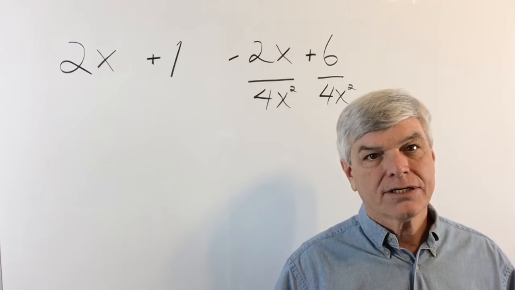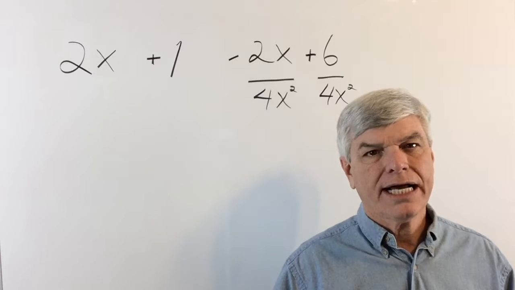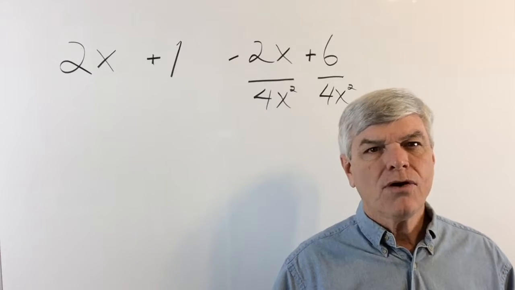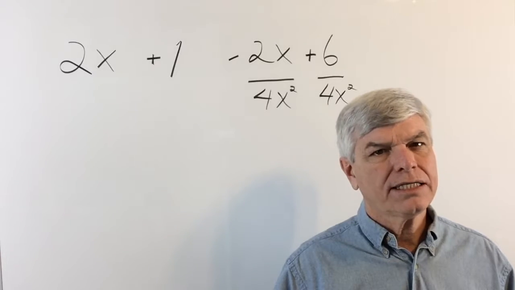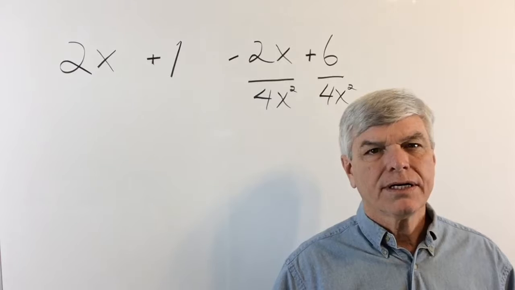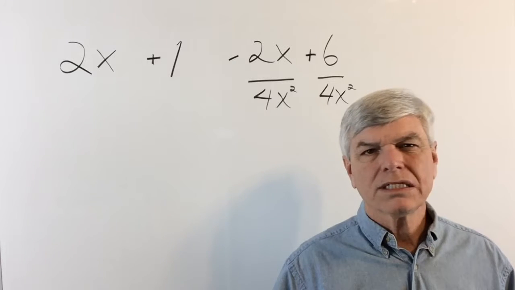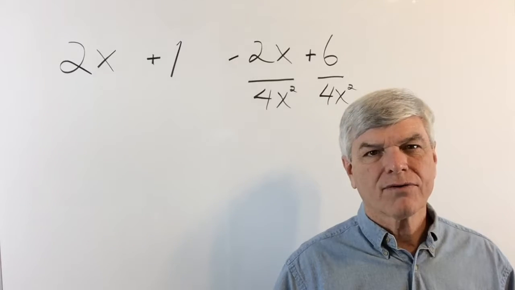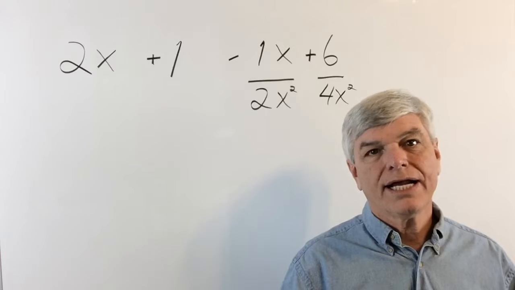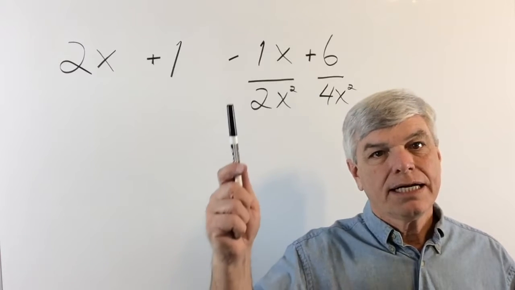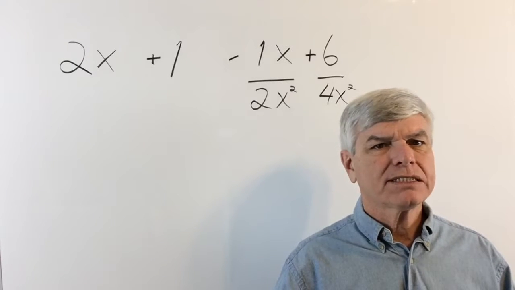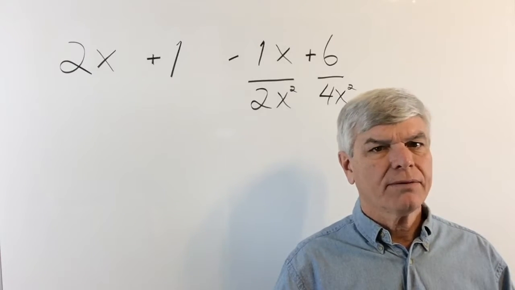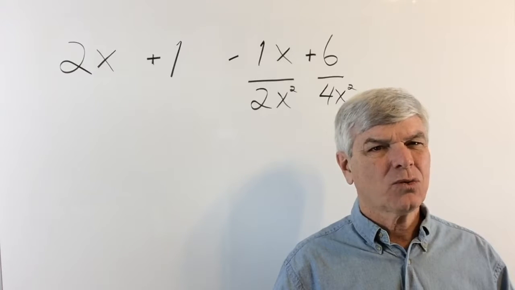Now, the next term, we need to take special care in handling this. 2 over 4 is going to be 1 over 2, so we're going to need the 2 on the bottom. The 1 on top, let's just put it there as a marker for right now. And I know I didn't acknowledge the negative sign there, but I think now you might be able to see why I left that 1 up there, because we have x over x squared.